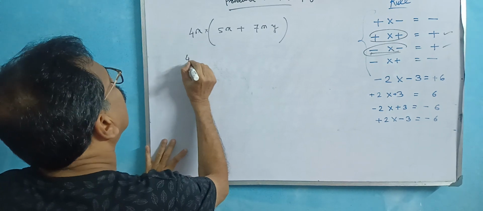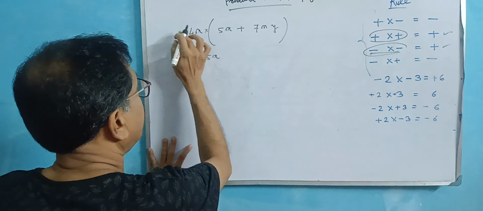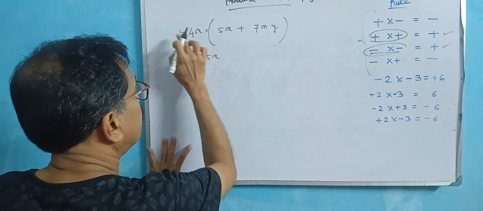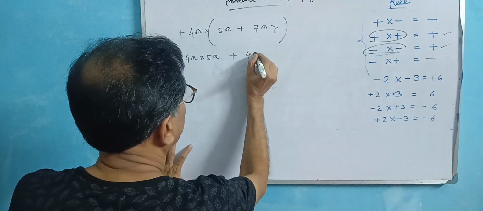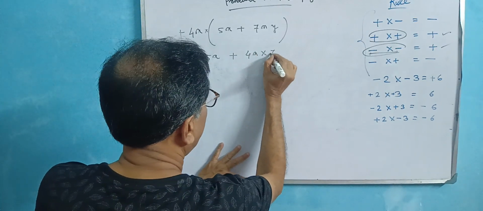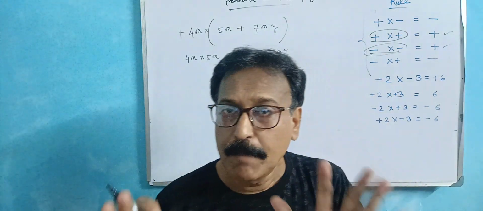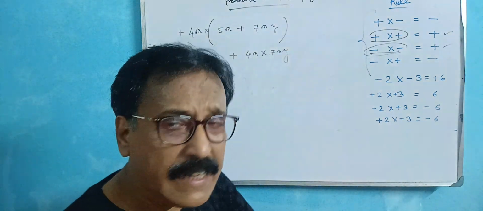Suppose you write 4x into 5x, no problem. Here is plus, there is no sign plus, here is plus, so plus plus plus, here is plus, here is plus, plus plus plus, so 4x into 7xy. Try to understand this very well, just clearly understand the basic thing, then you solve the sum.